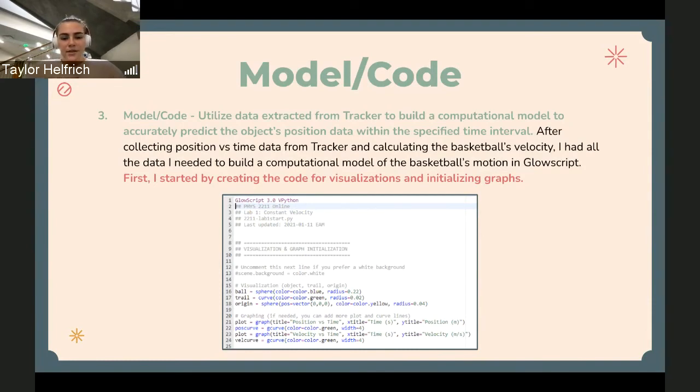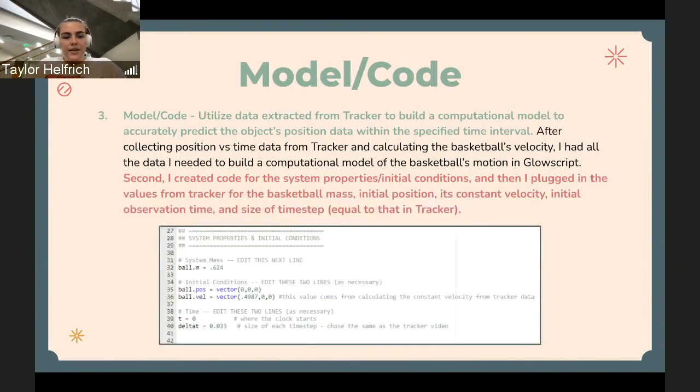So first I created the code for visualizations and initializing the graphs. Then I created code for the system properties and initial conditions, and plugged in the values from Tracker for the basketball mass, initial position, constant velocity, initial observation time, and size of the time step.